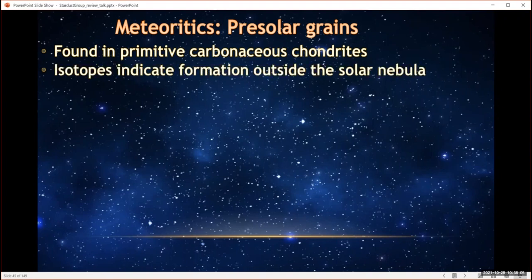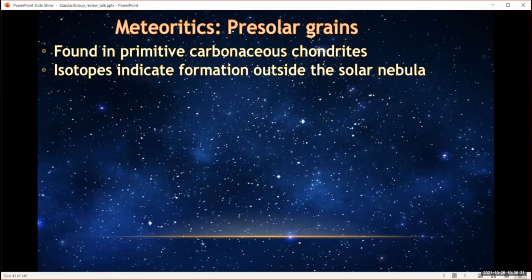For the presolar grains, they have isotopes that suggest formation outside the solar system. Just to be clear, items that form in the solar system do have slightly different isotopic compositions depending on where they're from, but the differences are very small. They're at the per mil level, so a fraction of a percent. Whereas these are things that have hugely different compositions in terms of isotopes.